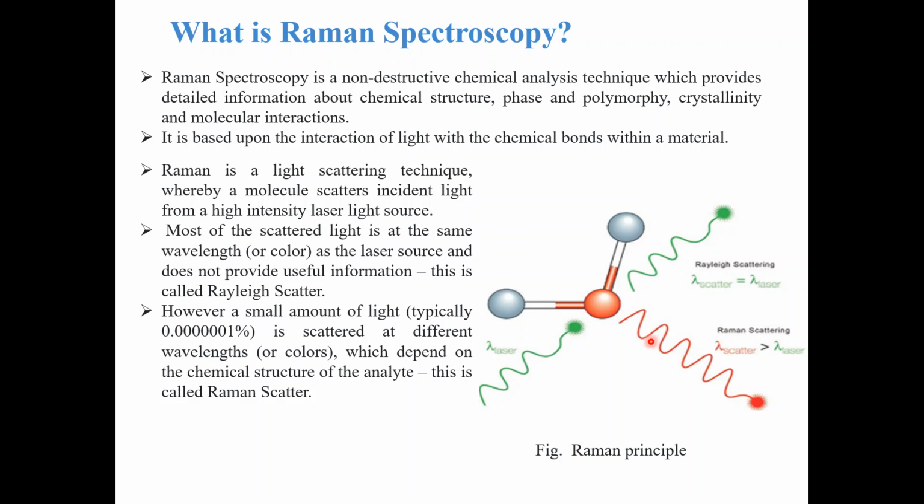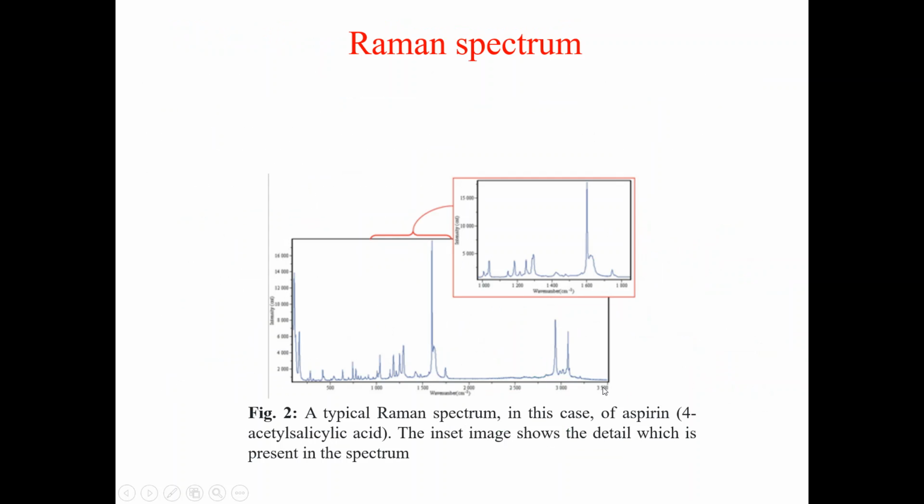What we mean to say is that if we shine a laser light and that light is scattered at a wavelength slightly greater than that of the shining laser light, we call that Raman scattering, and it has information about the material. This kind of scattering is called the Raman scatter, and it contains information about the sample.